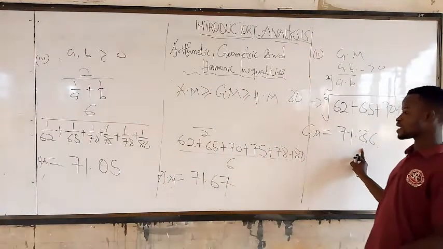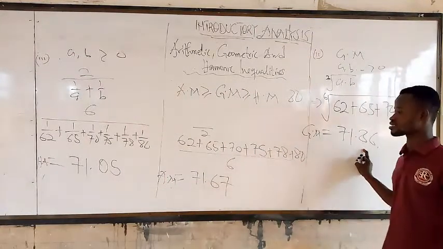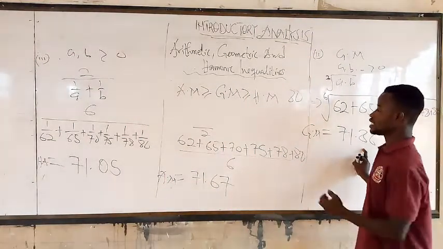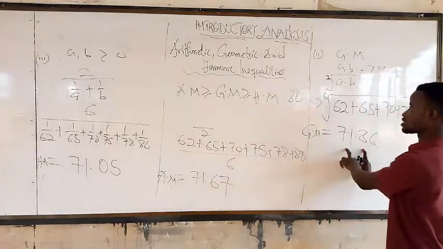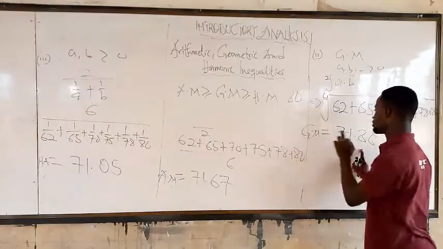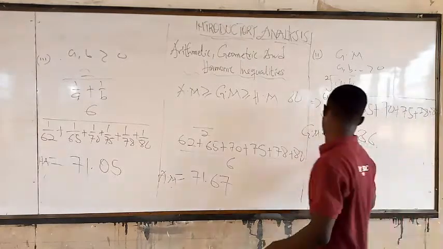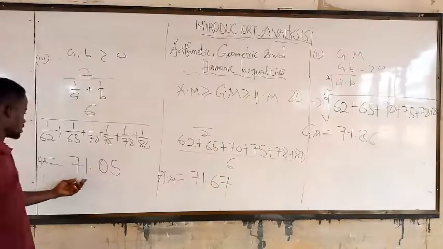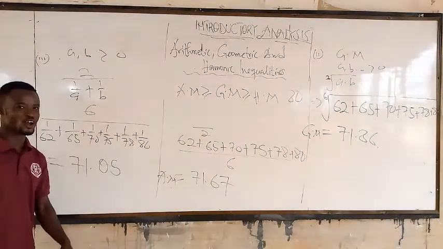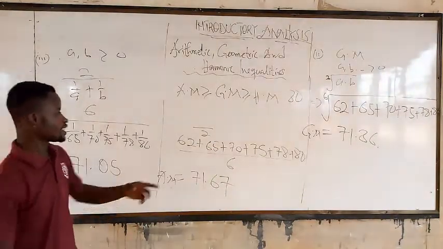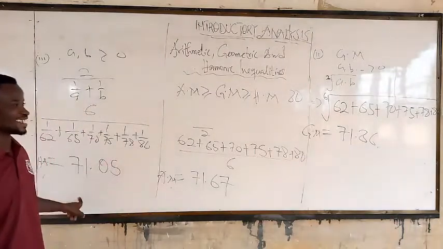In two decimal places, you can see that this is greater than this. And if this is greater than this, is the geometric mean also greater than the harmonic mean? Let's go and see. 71.36 is also greater than 71.05. And if this is greater than this, then this is greater than this. So we have already established that.